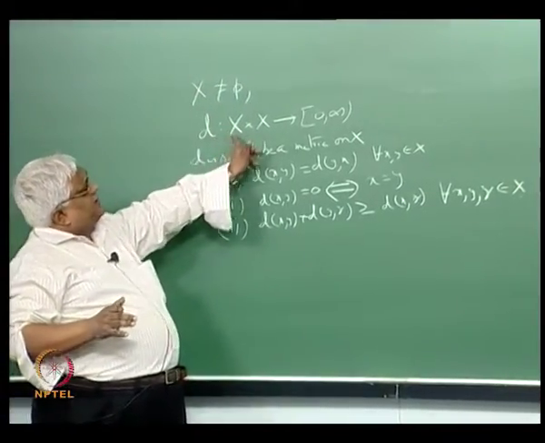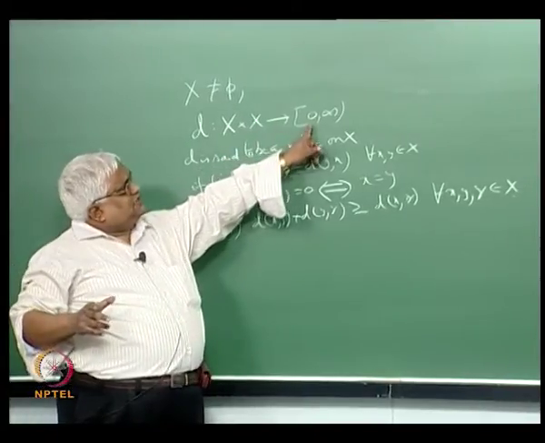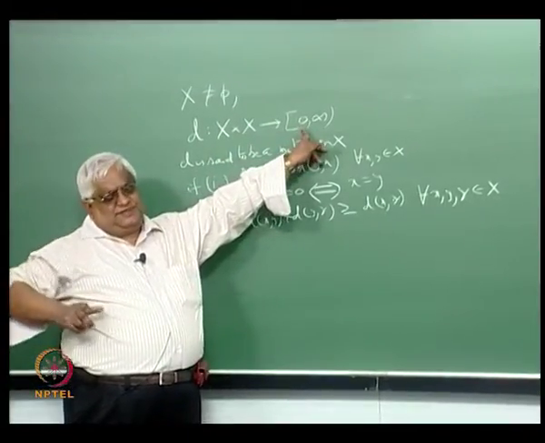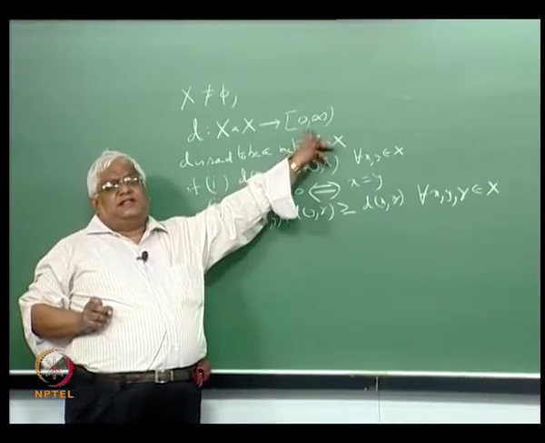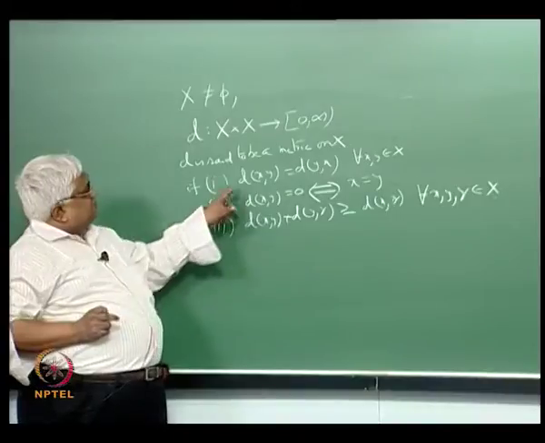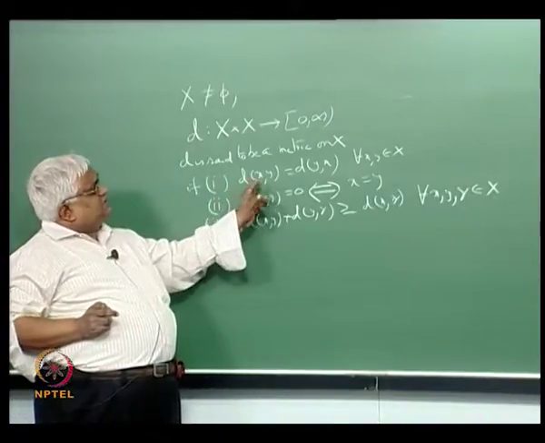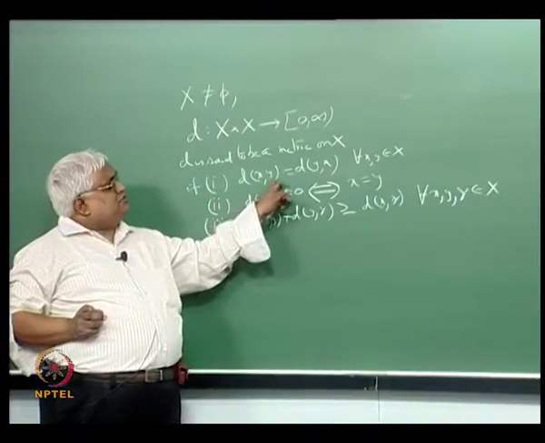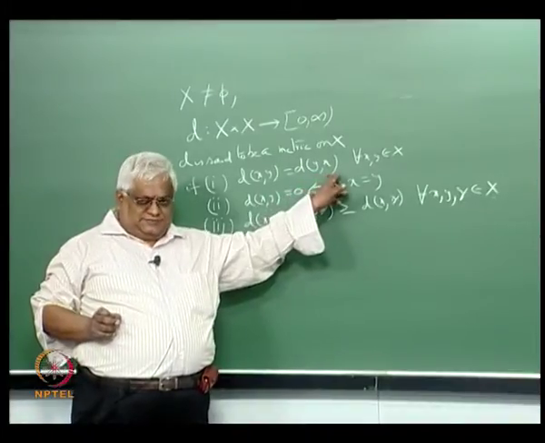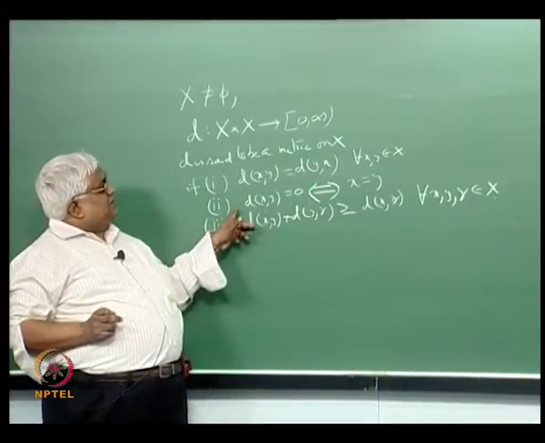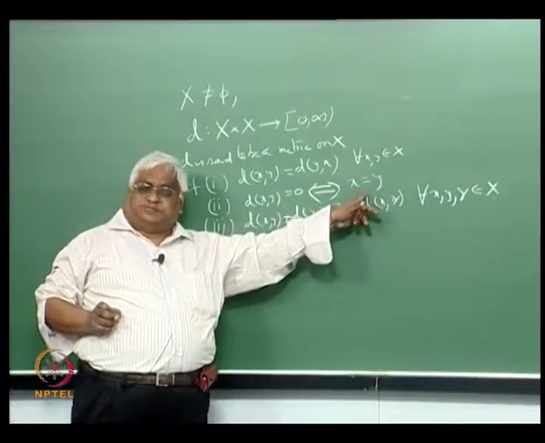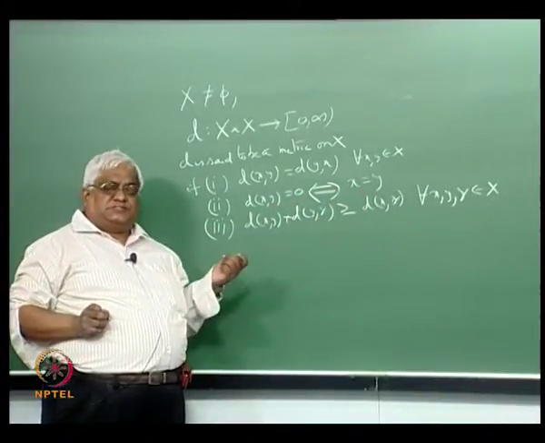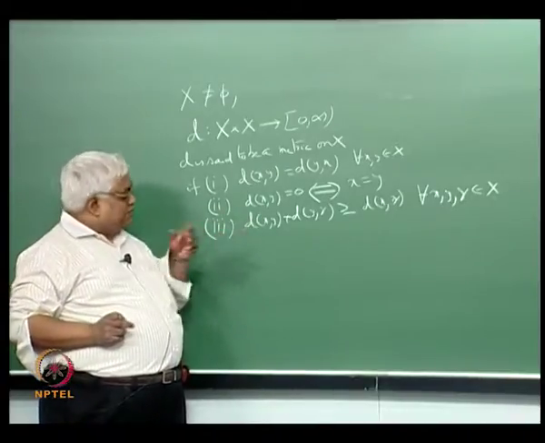The first property is that the distance value cannot be less than 0; it has to be greater than or equal to 0. Second, the distance between x and y should be the same as the distance between y and x. If the distance between 2 points is equal to 0, then those 2 points have to be the same, and the distance between the same points has to be equal to 0.